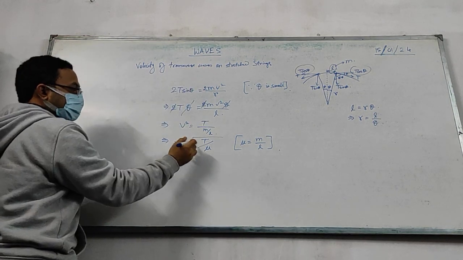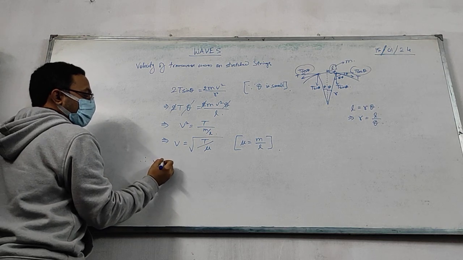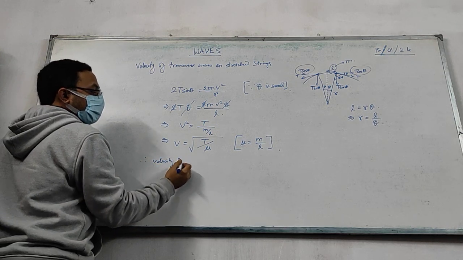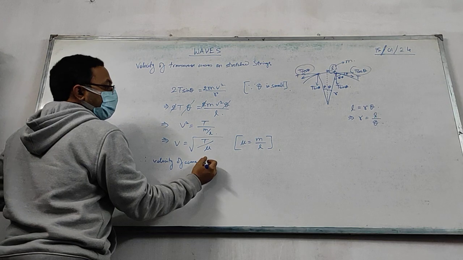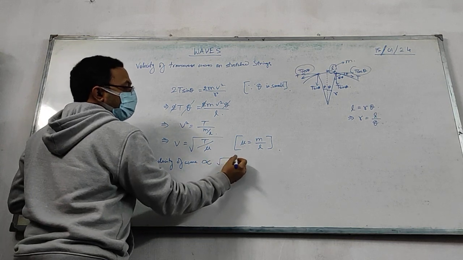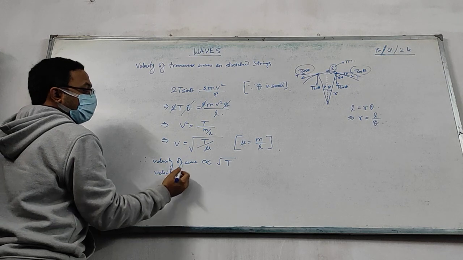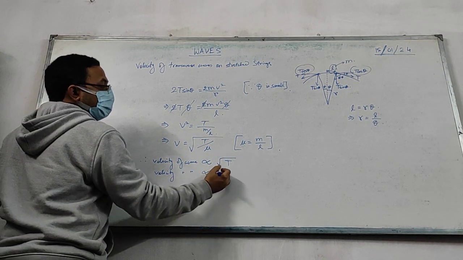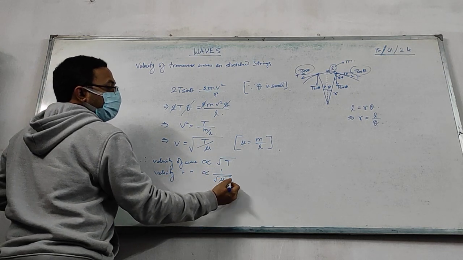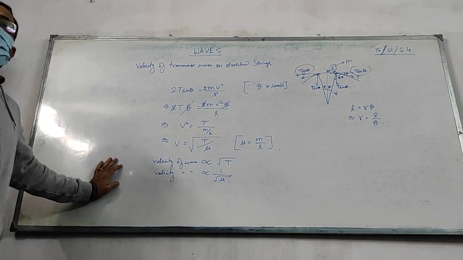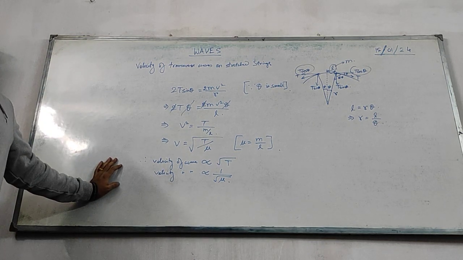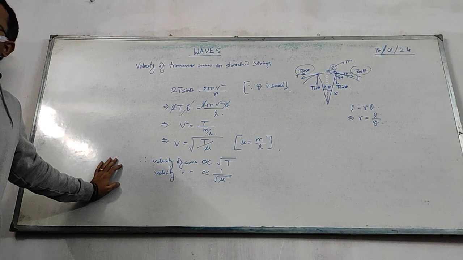So the velocity of wave is directly proportional to square root of tension and is proportional to 1 by square root of mu. Mu is what? Mass per unit length. Remember, it's not mass, it's mass per unit length.